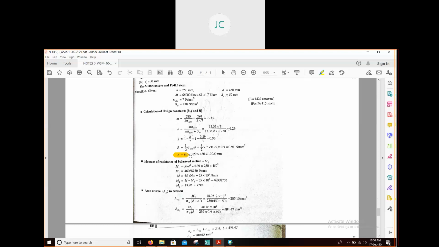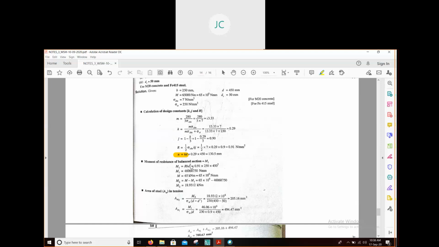For using this formula, the d value is directly given. We need the value of k. For finding out k, first we have to calculate the value of m. From m, you will get the value of k. Then you will find out the value of j. After getting the value of k and j, you can find out the value of r, which is half sigma CBC k into j.